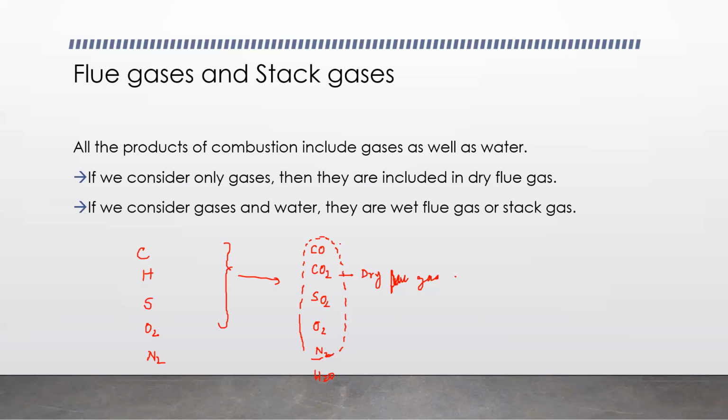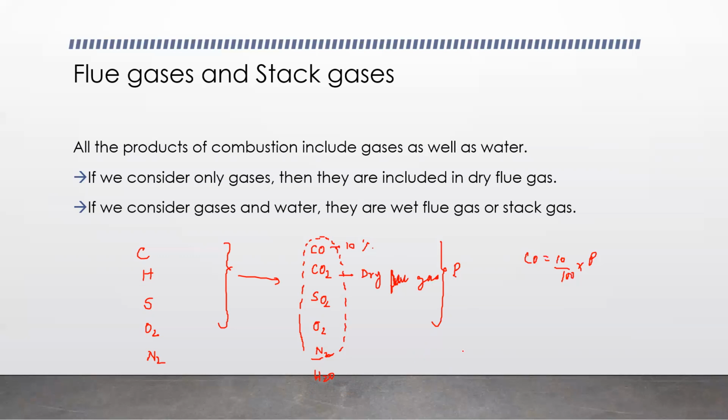Whenever we say that we have a dry flue gas composition as this, we assume that the total dry flue gases, that is except for water, whatever is remaining is your P. Let's say you are saying that 10% is the composition of carbon monoxide in this dry flue gas, then carbon monoxide is going to be 10% of P, where P is basically the sum of carbon monoxide, carbon dioxide, sulfur dioxide, oxygen, and nitrogen. It's not going to include water. But if you're considering stack gas or wet flue gas, then it is going to consider all of these.